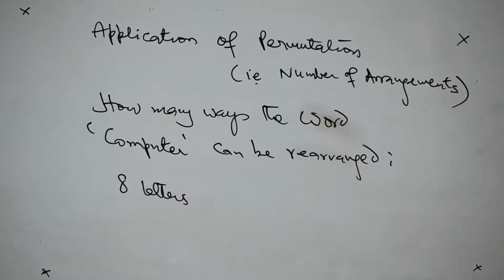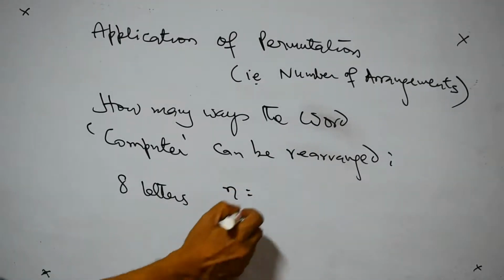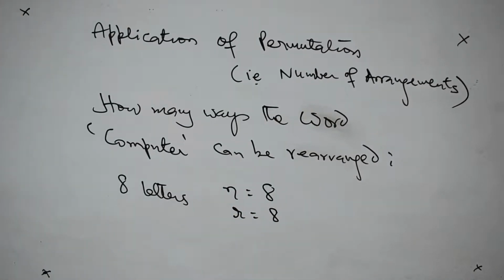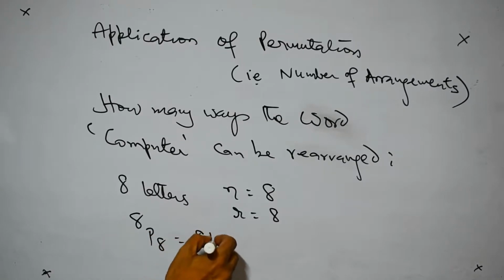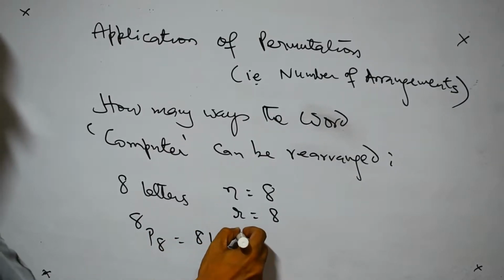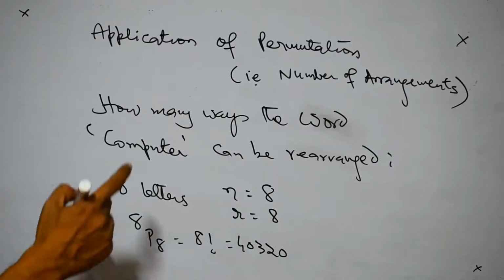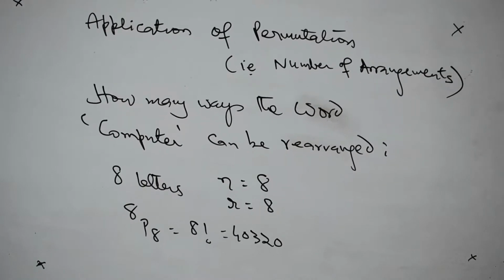So if I find the number of arrangements of the word computer, then n, the total number, is 8, and the value r is also 8. So the number of arrangements will be 8P8, which is factorial 8, and that is 40320.